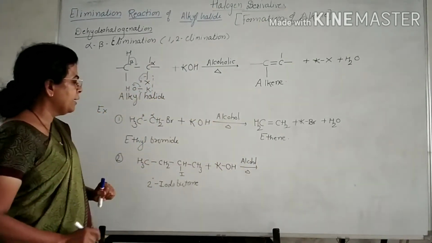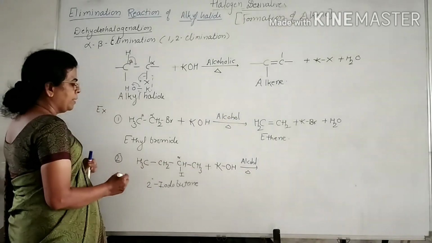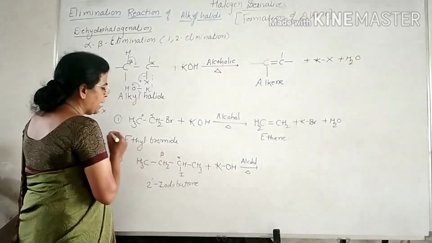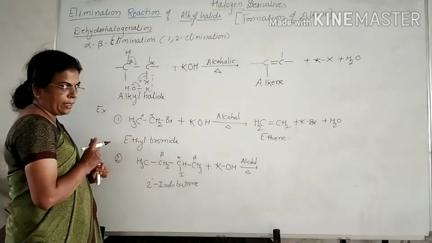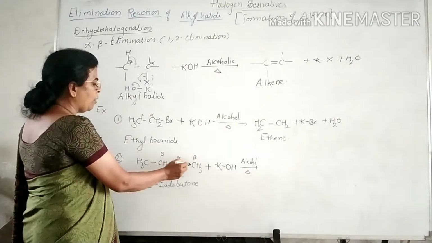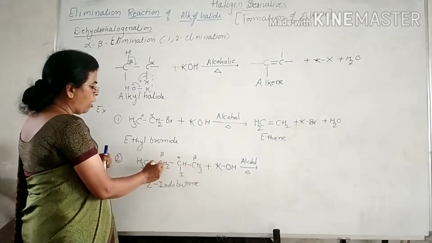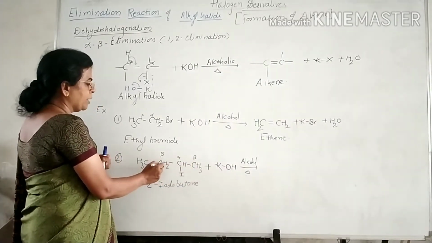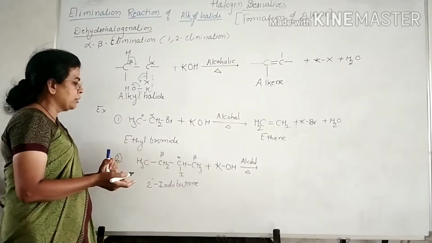look here, this carbon atom is the alpha carbon atom, this carbon atom is a beta carbon atom, and this carbon atom is also a beta carbon atom. Now there is a possibility of removing this beta hydrogen atom or that beta hydrogen atom. Alpha-beta elimination is carried out, but we will get two products. Which are those?